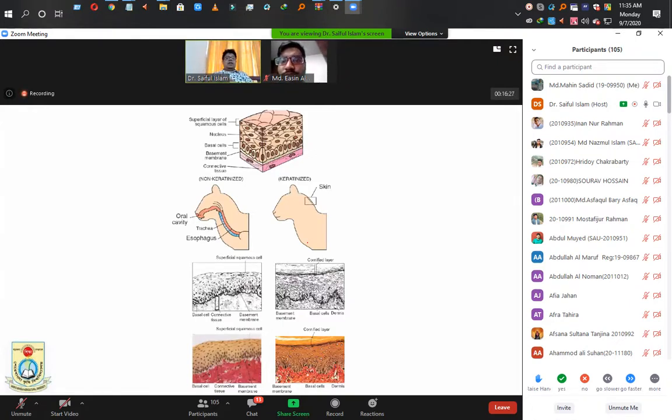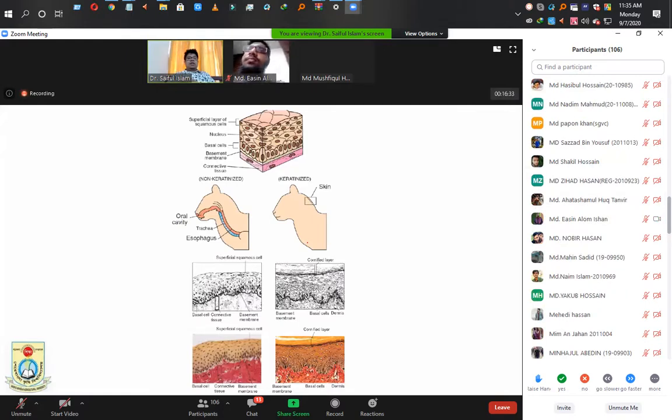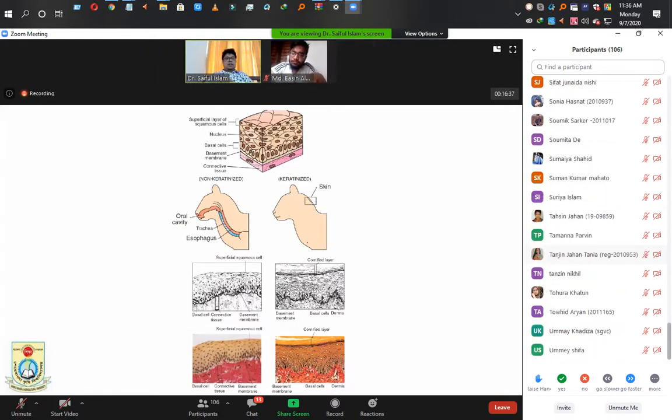So we can classify the stratified squamous epithelium again into two types. One is keratinized, or you can ask me what is keratinized.